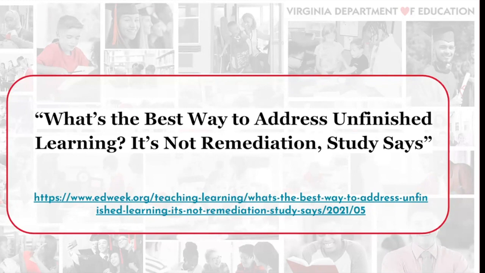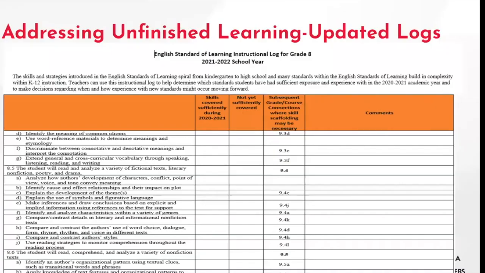Also, when we look at our unfinished learning, this is called our tracking logs. And we started these when the shutdown happened, when we were starting to come back and look at the beginning of this school year and how we were going to address unfinished learning. But we've updated them now to this past school year. We've updated them to work for this school year.